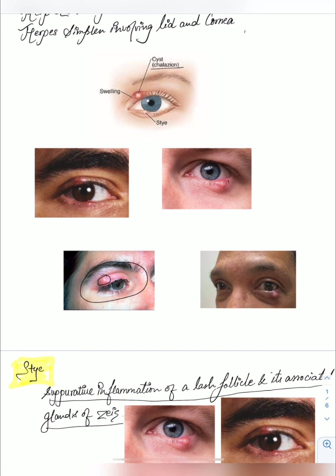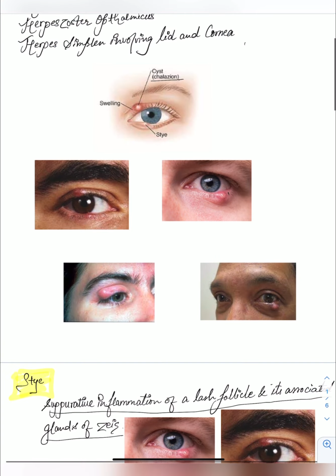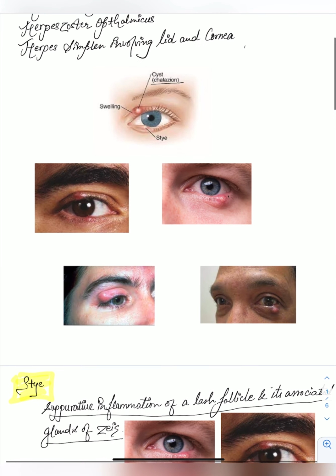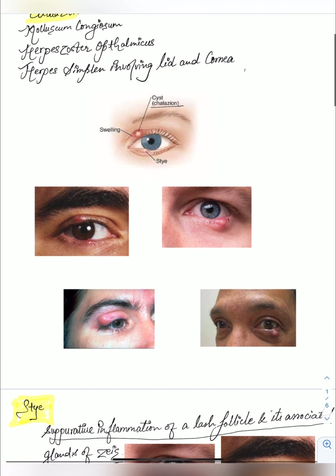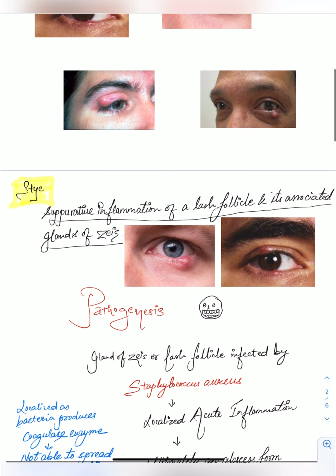So these are Chalazion. For better understanding, we'll go on reading about Stye and Chalazion, which are the most commonly found infections of the eyelid.